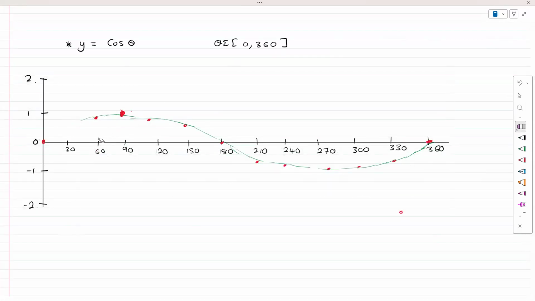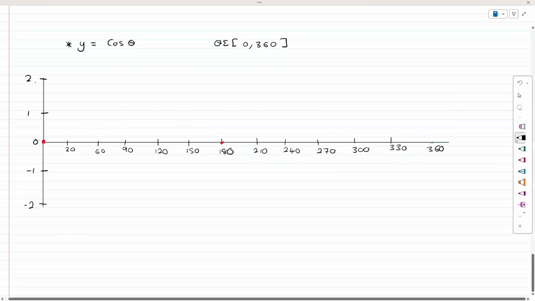We don't need any of this anymore, so we can remove all of this. Okay, I'm not going to be able to take out this dot because the entire line is going to come out.